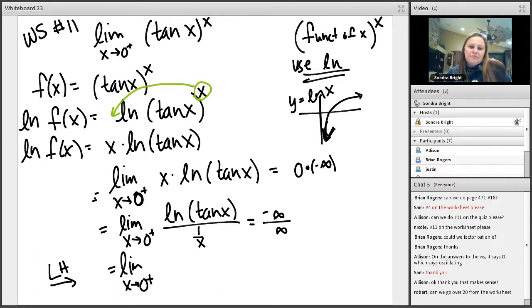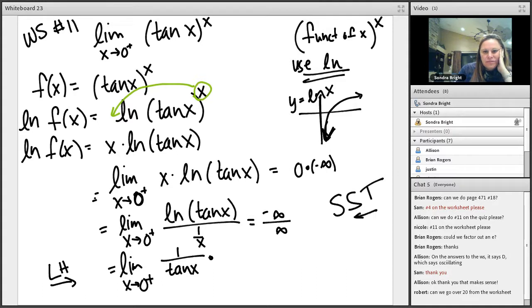Derivative of the natural log is 1 over whatever that is. So 1 over tangent, taking the derivative of the natural log, but then times the derivative of the inside, because of chain rule. And the derivative of tangent is secant squared.